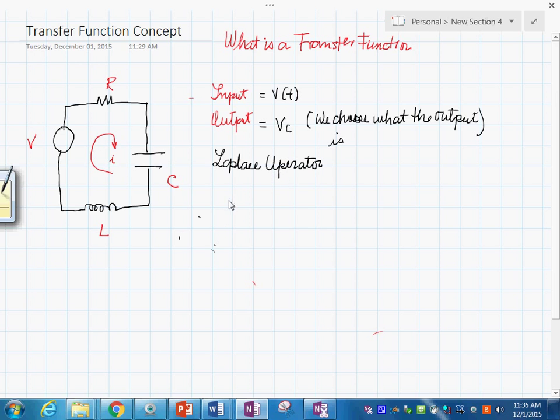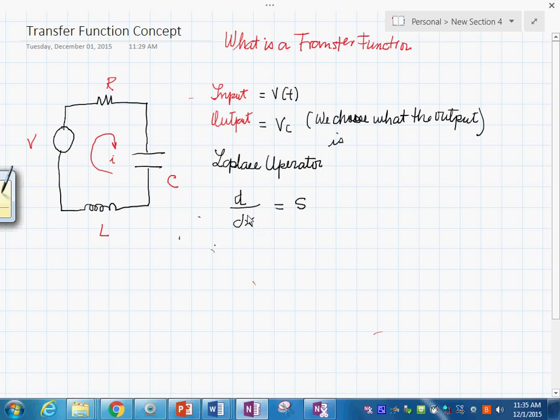The Laplace operator says that if you have the operator of the derivative d dt, the derivative of something, this is equal to the operator s.